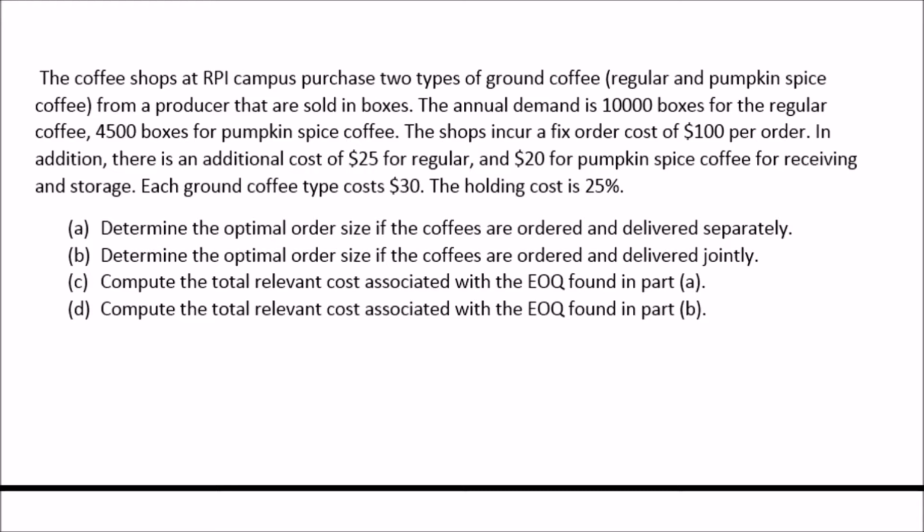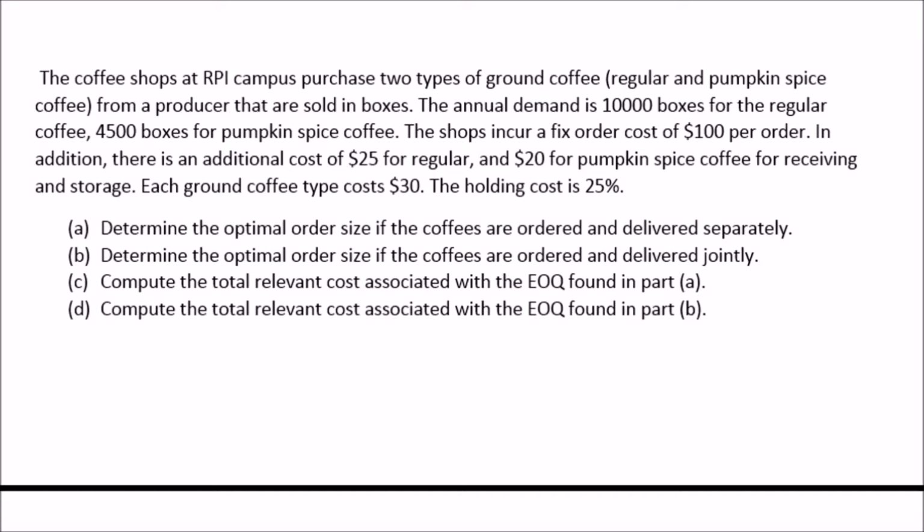It's a constant value. Another assumption of the EOQ model is that we pay fixed item cost. In this case, we pay a fixed order cost of $100 per order. And in addition, we pay $25 for regular coffee and $20 for pumpkin spice coffee for receiving and storage.